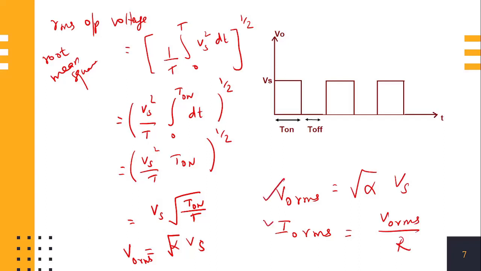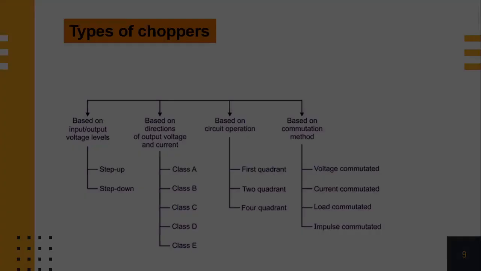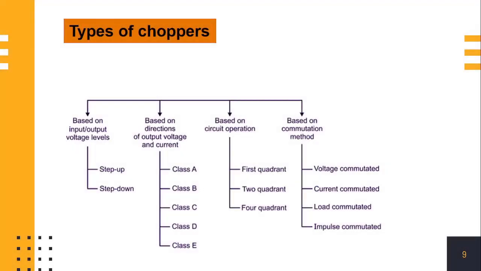So V naught RMS and I naught RMS we have calculated. Now the types of choppers: based on some criteria, choppers are classified into different types. Based on the input and output voltages, we have seen the step up chopper and step down chopper.